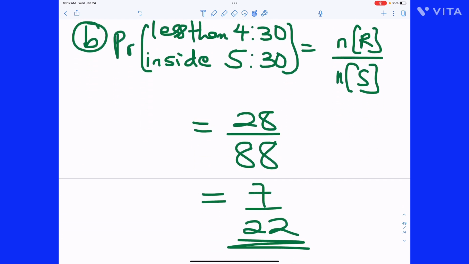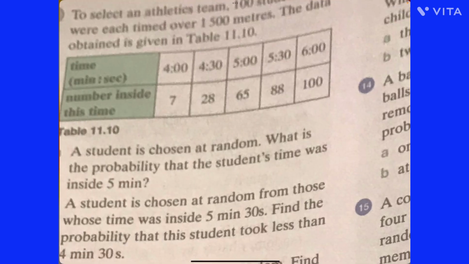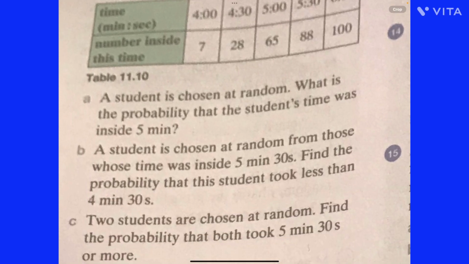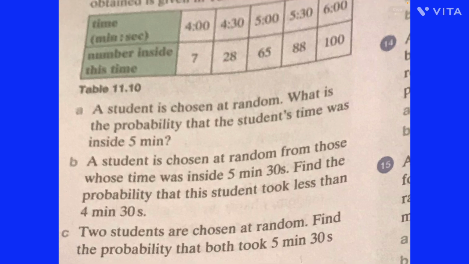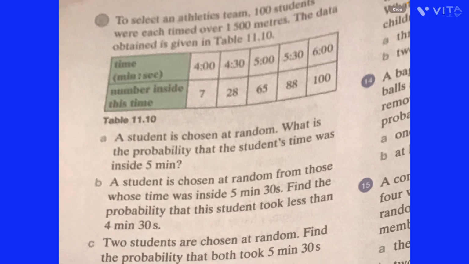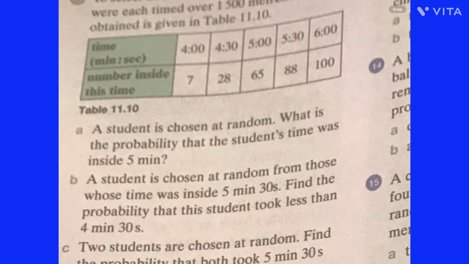Okay, a student is chosen at random from those whose time was inside 5 minutes 30 seconds. Find the probability that the student took less than 4 minutes 30 seconds. So how many students were inside 5 minutes 30 seconds? That's 88.